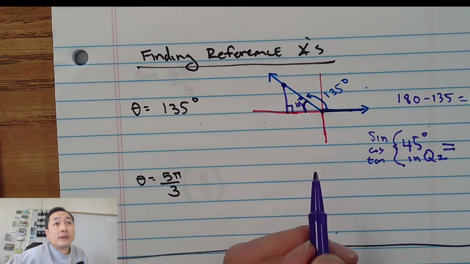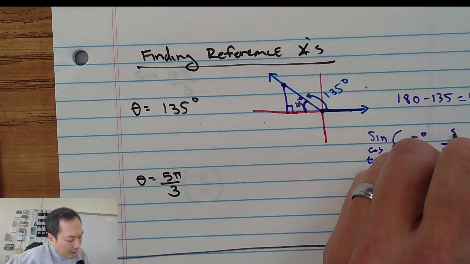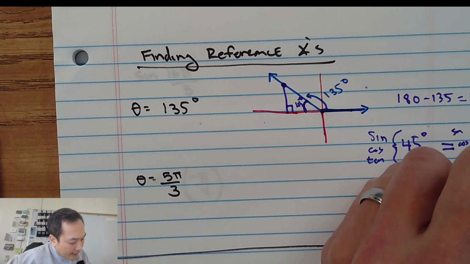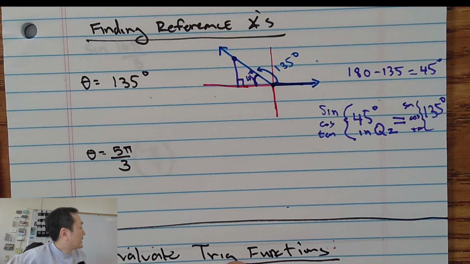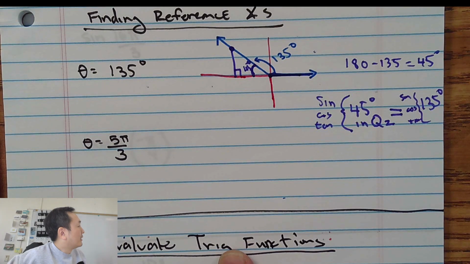So sine, cosine, and tangent of 135 degrees. Does that make sense? Yeah, they're going to be equal to each other.